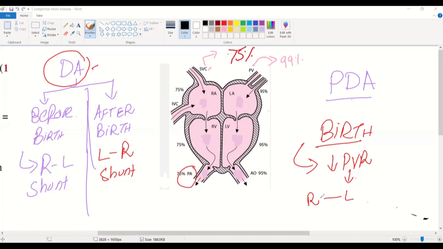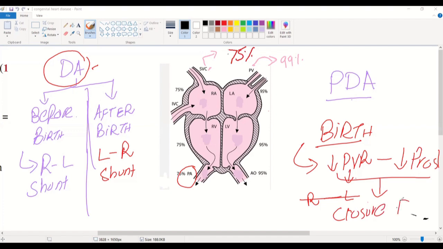Two changes: decreased pulmonary vascular resistance and decreased prostaglandin lead to closure of the ductus arteriosus. So if you want to keep the ductus arteriosus patent, what drug do you use? Prostaglandin.